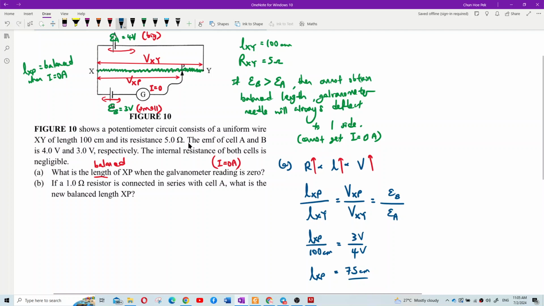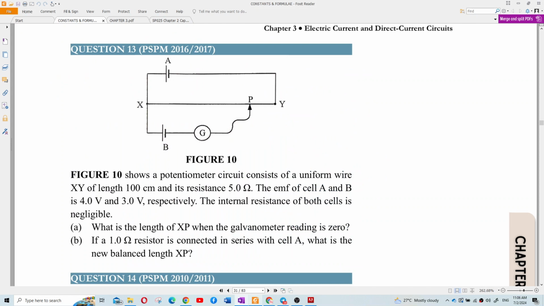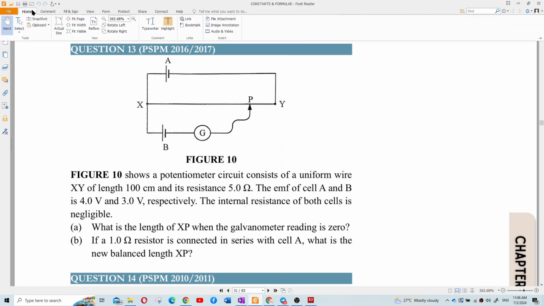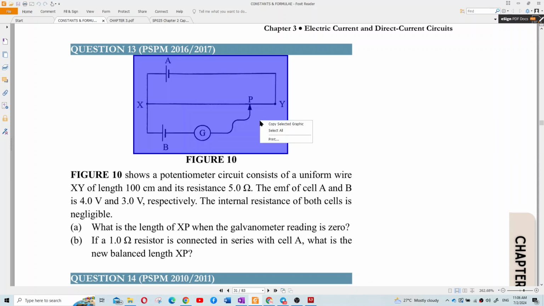Now question B. If 1 ohm resistor is connected in series with cell A, what is the new balance length XP? This time, okay, I copy again.